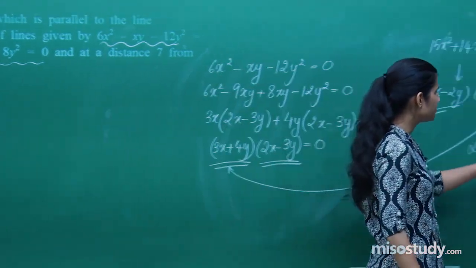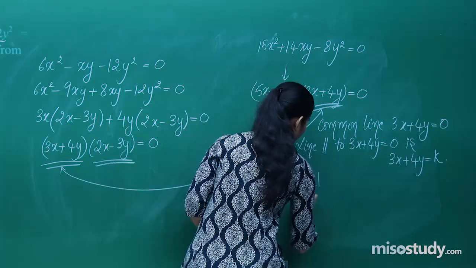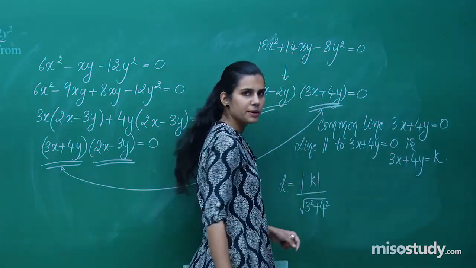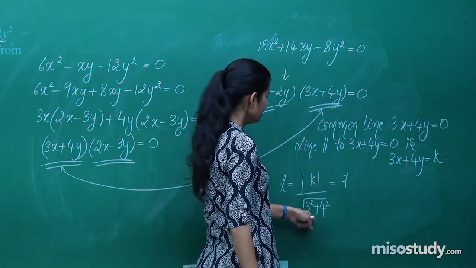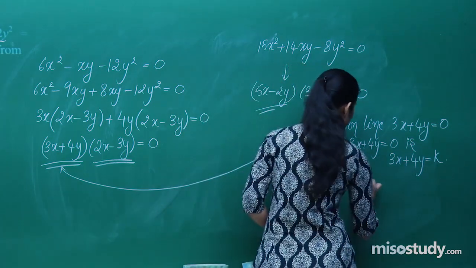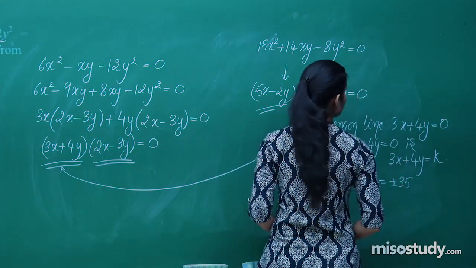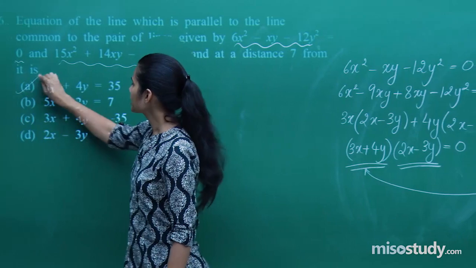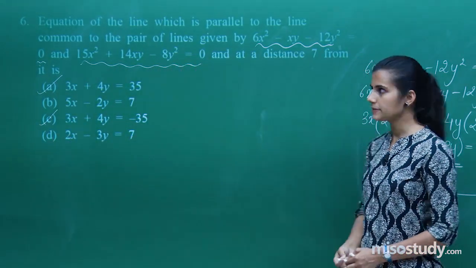Now the distance between these two lines is mod k upon root of 3 square plus 4 square, and the distance is given as 7. The root becomes 5. 7 into 5 is 35. So k comes out to be plus minus 35. So 3x plus 4y equals 35, and 3x plus 4y equals minus 35. Both are the required equations.